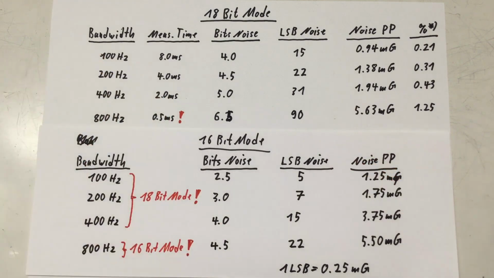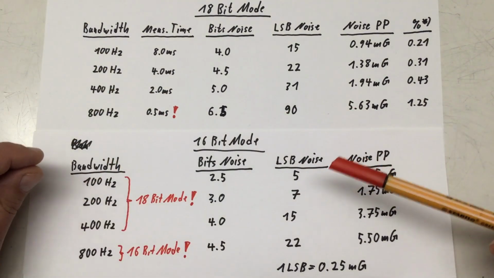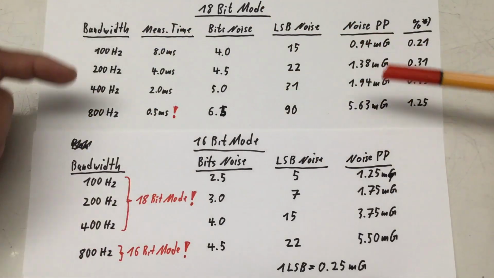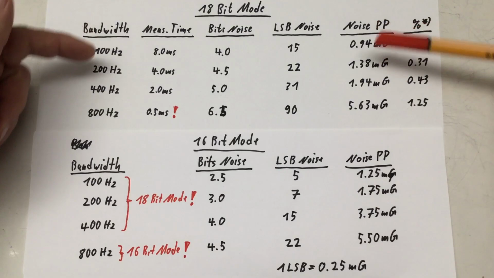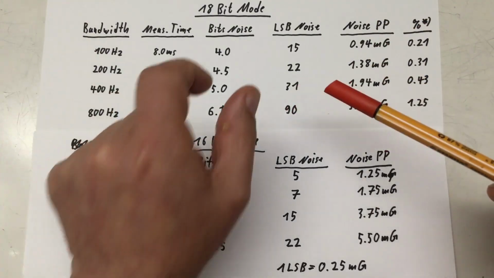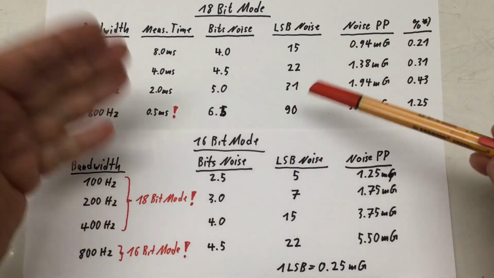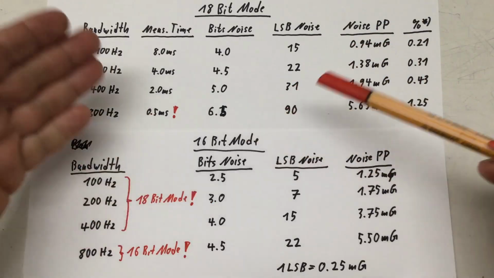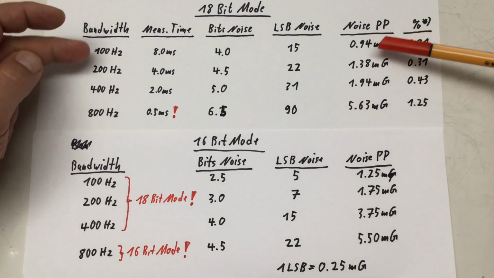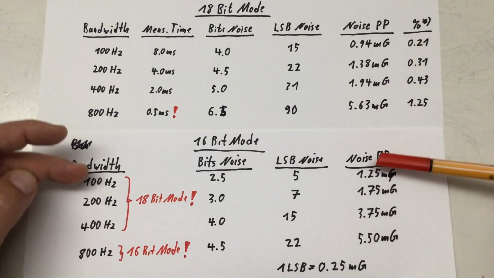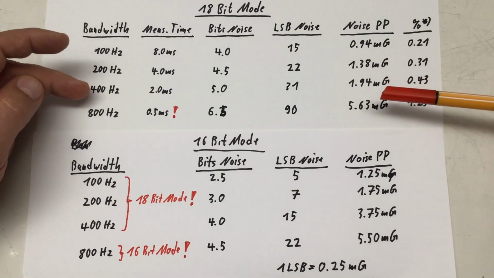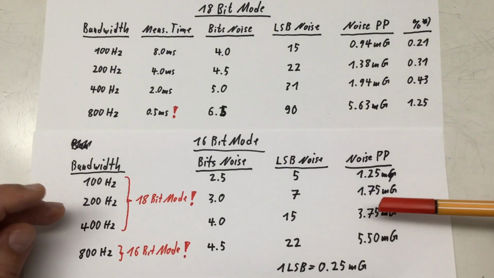But anyway, to wrap that chapter up, you cannot simply cut off bits and expect the noise level to stay the same. As long as these bits, even if they look like noise, still contain some information, statistically speaking, you will increase the noise level, as we've done here for the 100 to 400 Hertz modes.